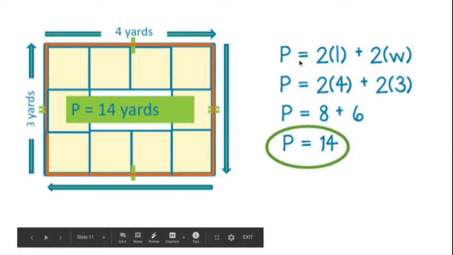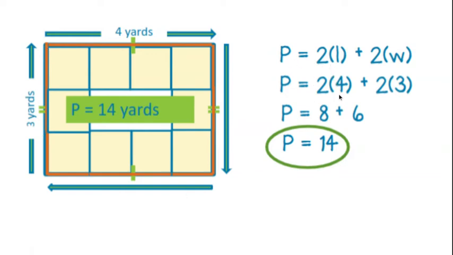So P equals 2 times 4, plus 2 times 3. 2 times 4 is 8. Put my plus sign, and 2 times 3 is 6. You get 14. 8 plus 6 is 14. Another way you can do this is 4 plus 3 plus 4 plus 3.